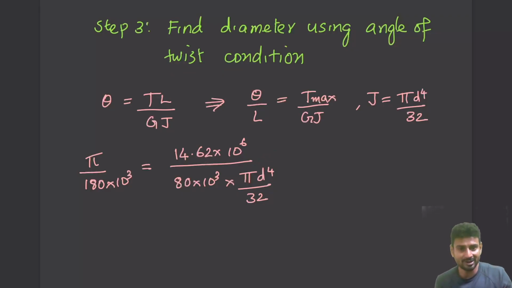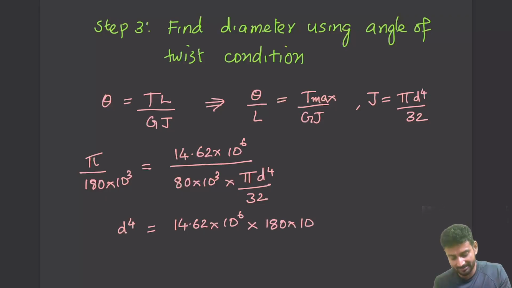So let us do that. D raised to 4 equal to 14.62 into 10 raised to 6 multiplied by 180 into 10 raised to 3, multiplied by 32 from here will be there.